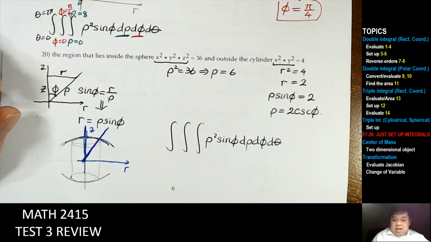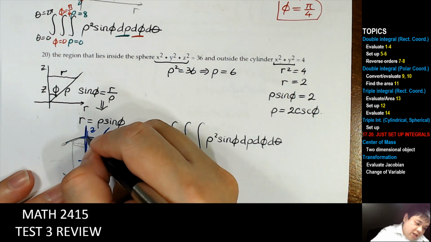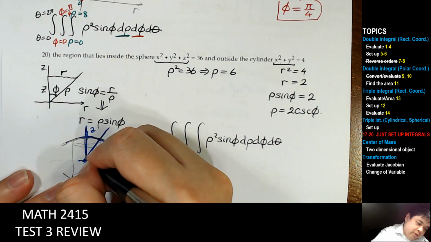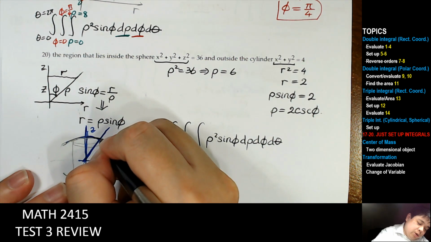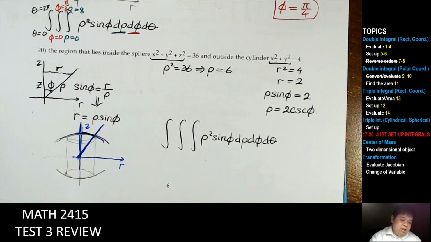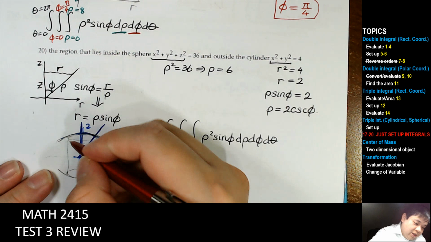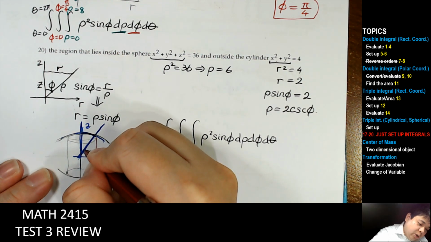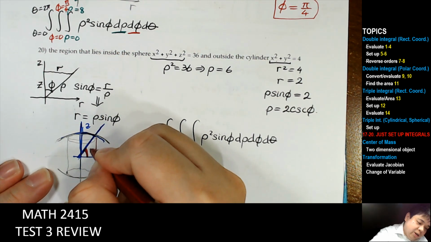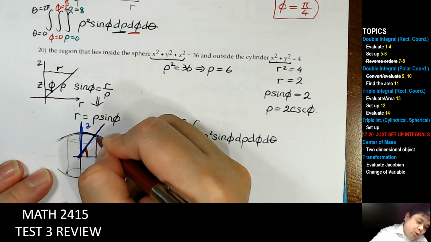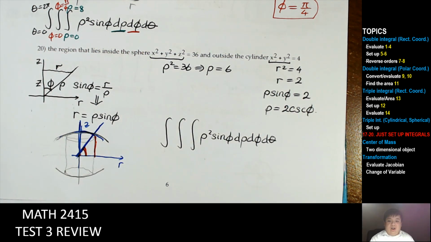And there's a problem. Within this portion, we have from 0 to the edge of the sphere. And when we have this part, we have this angle from 0 to the edge of the cylinder. So the limits are not the same.